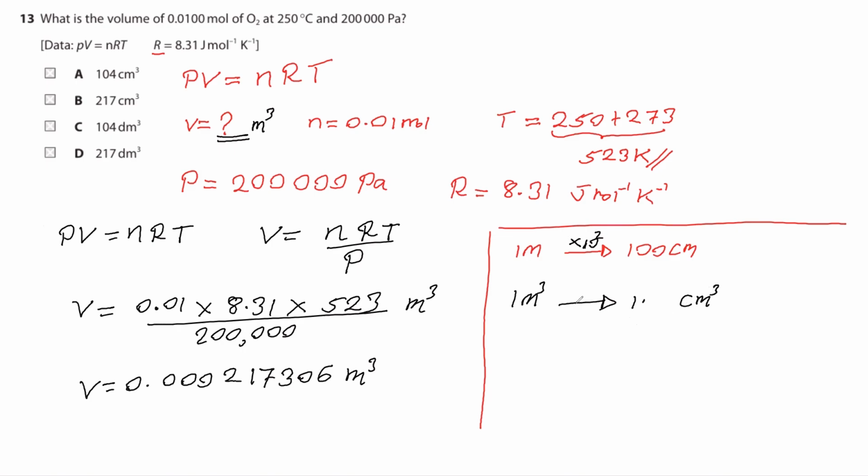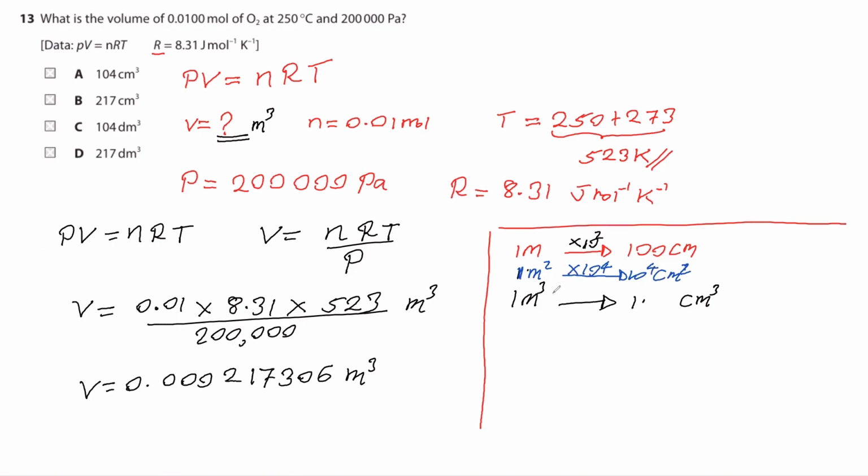Now how are we going to find the answer? If meter goes to centimeter with 10 to the power 2, then square meter going to square centimeter should be 10 to the power 4, because now I'm going to square it. To make square meter into square centimeter, you multiply by 10 to the power 2 squared, so 10 to the power 4.